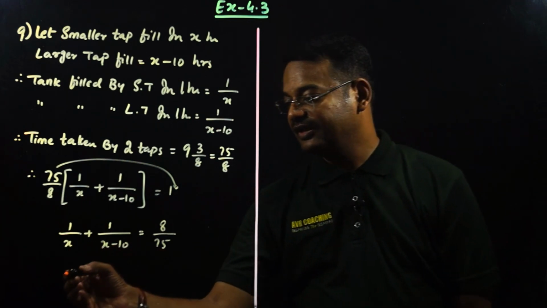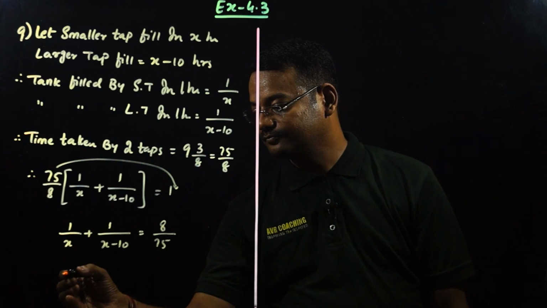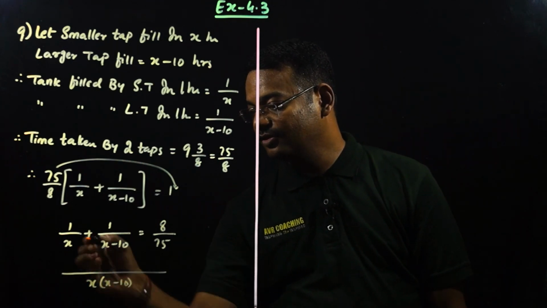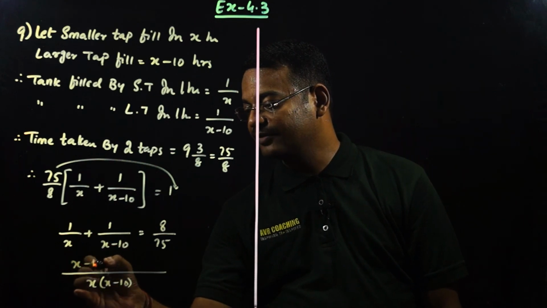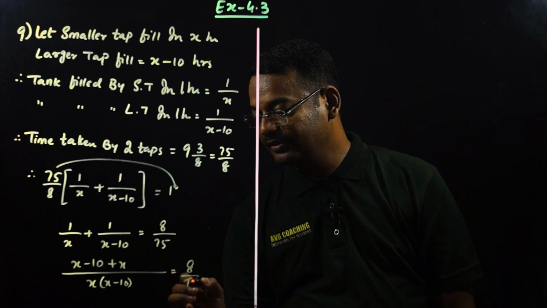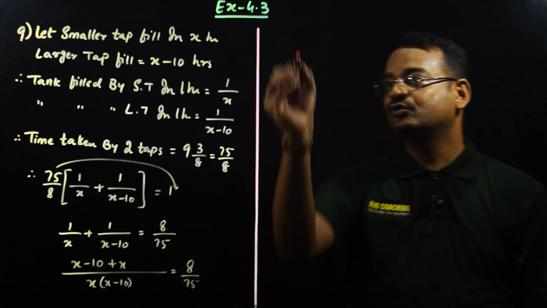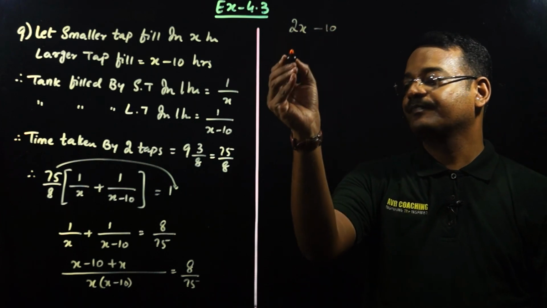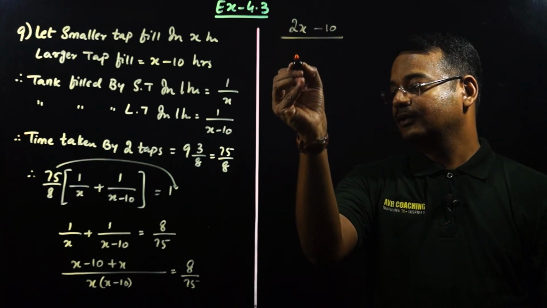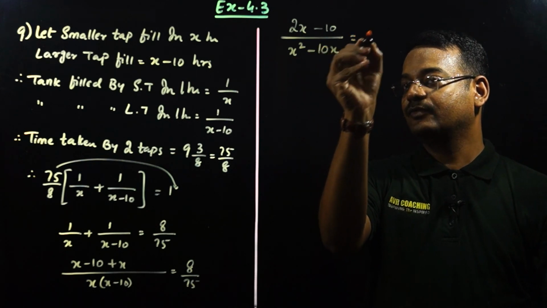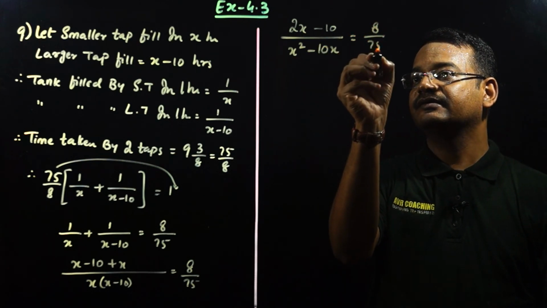So when we take LCM, this is x into x minus 10. So this will be 1 into x minus 10 plus x is equal to 8 by 75. So this is 2x minus 10 by x square minus 10x is equal to 8 by 75.